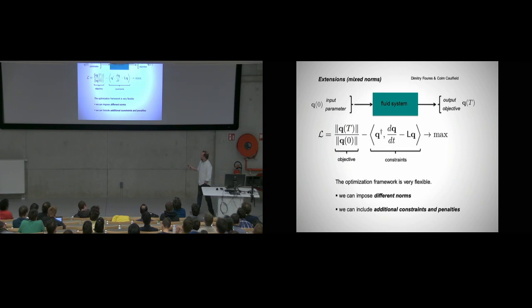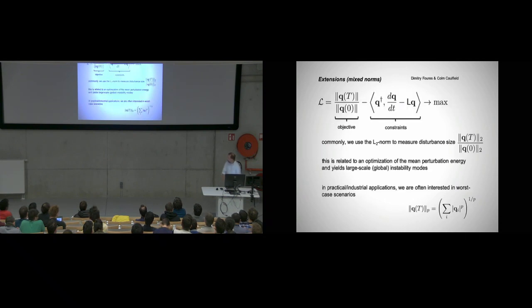And the energy is sort of the go-to norm for incompressible flow. If you don't have any better idea how to measure a perturbation, you say energy. Energy is nice and L2, but it has some disadvantages, because we harvest energy, we're not restricting the size of the initial condition or the size of the output.